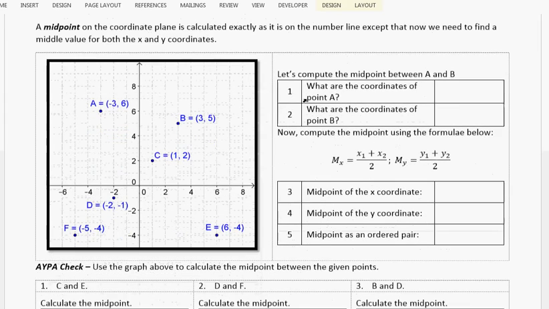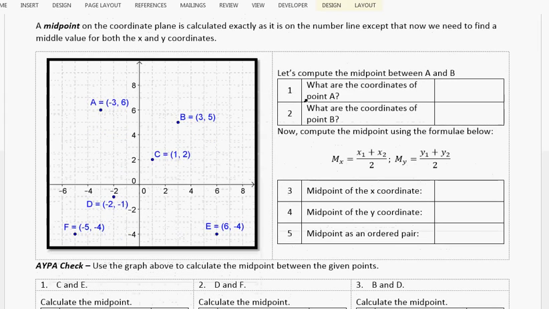When we talk about midpoints on the coordinate plane, we move to 2 dimensions, and we do 2 different means. We do a mean for the x variable and a mean for the y variable. So we look here, the coordinates of point A are (-3, 6), and you should probably use parentheses there, so I'm going to put parentheses around them. The coordinates of point B are (3, 5). Okay, now we do the midpoint of the x coordinate first.